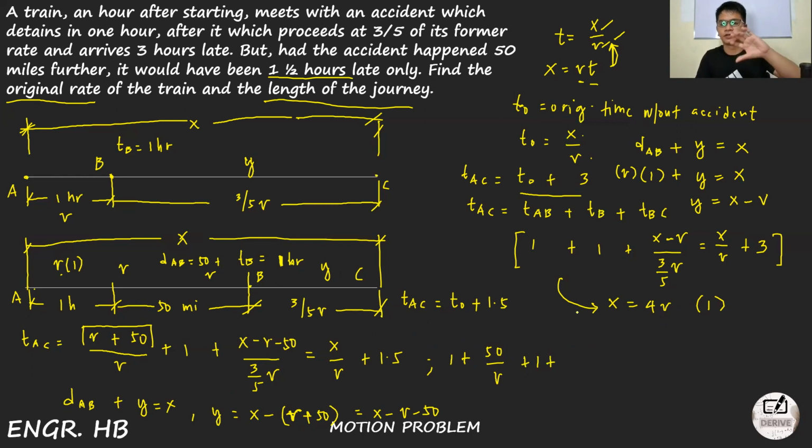So yung 3 over 5 sa ilalim, ilagay ko na sa numerator. So that will become 5/3 times X minus V minus 50 divided by V is equal to X over V plus 1.5. Okay, so lahat may denominator na V except for the constant. So pwede natin silang paghiwalayin lahat.